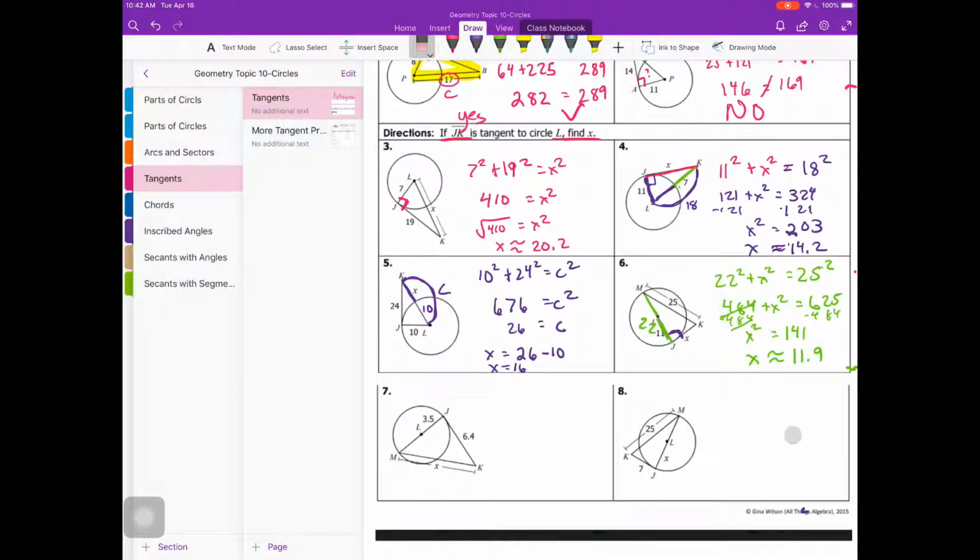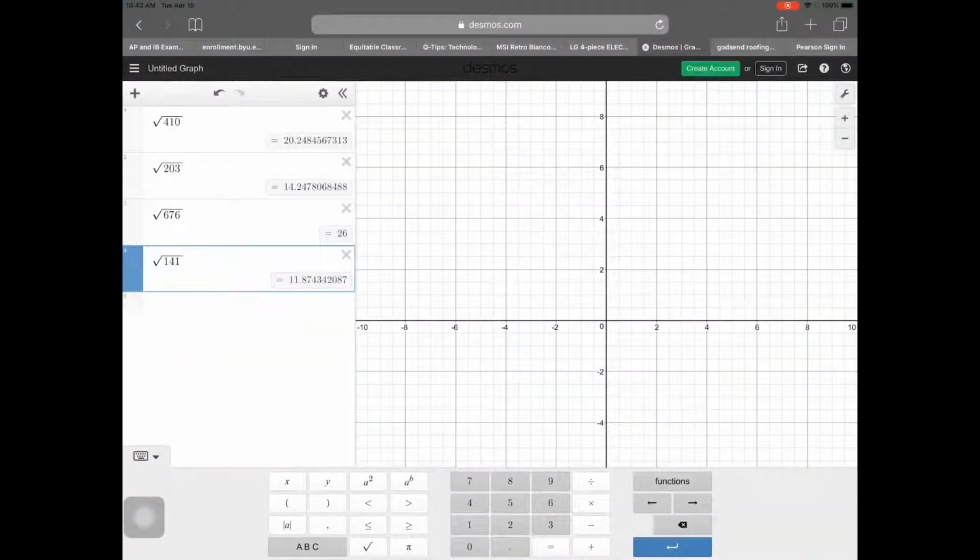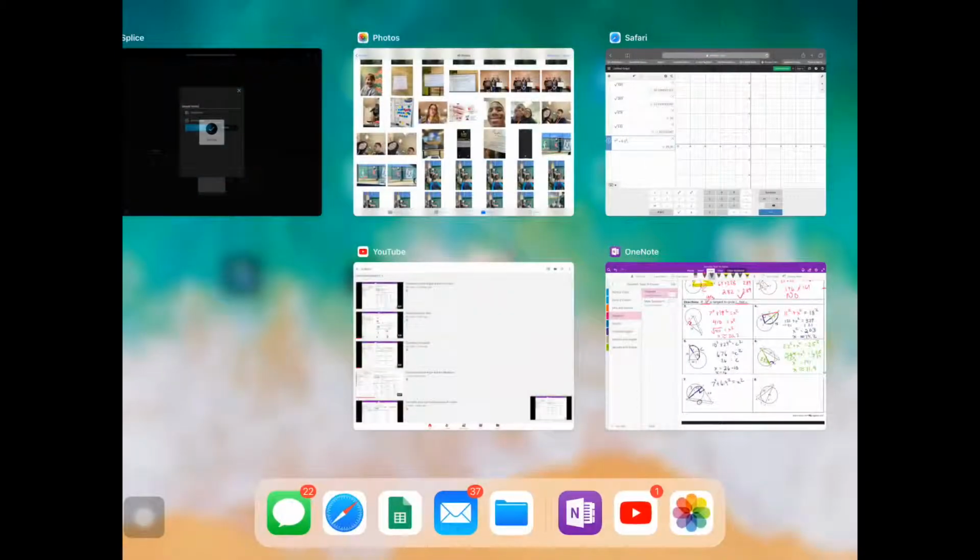Number 7 now. We've got 3.5 here and 3.5 here, which makes this whole thing 7. This is our right angle, so x is our hypotenuse. So we're going to have 7 squared plus 6.4 squared equals x squared. I'm going to do this in my calculator. So 7 squared plus 6.4 squared gives me 89.96.